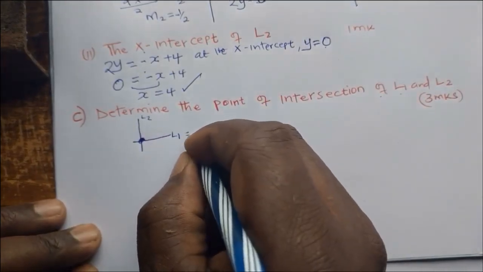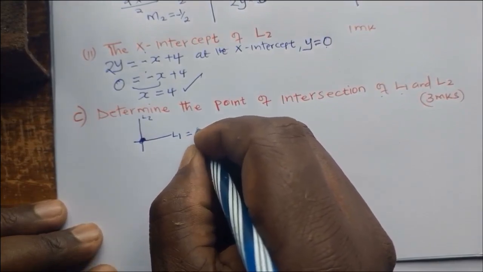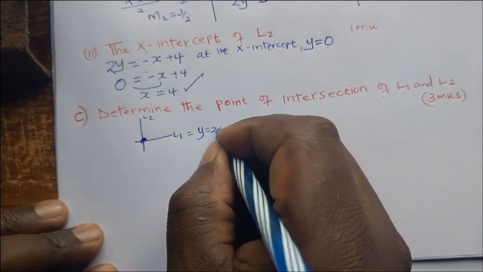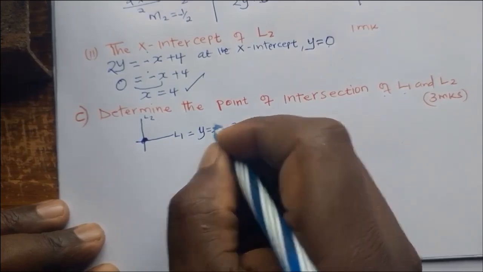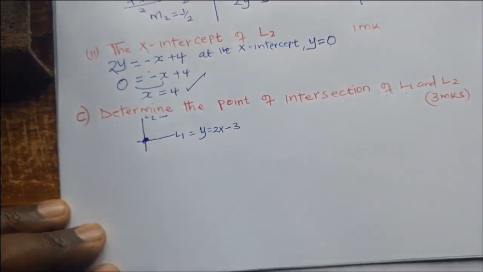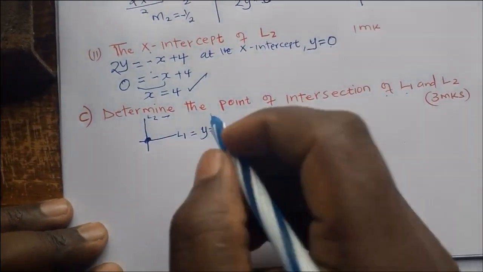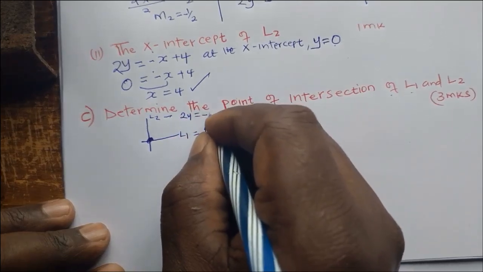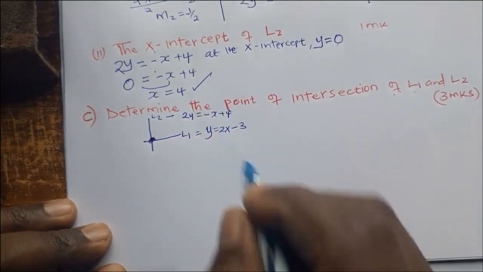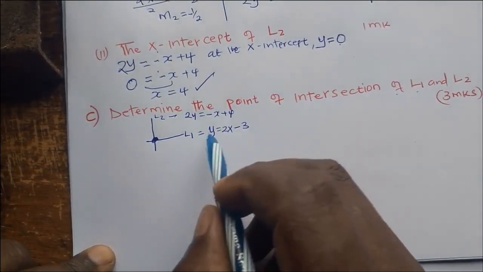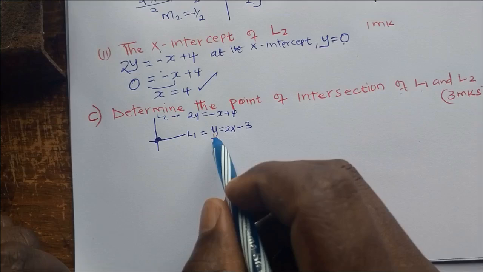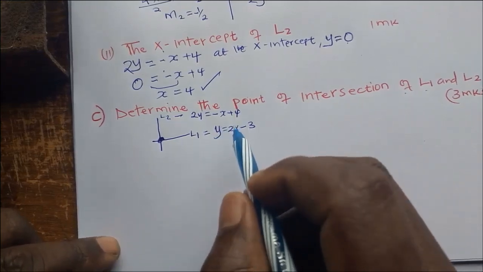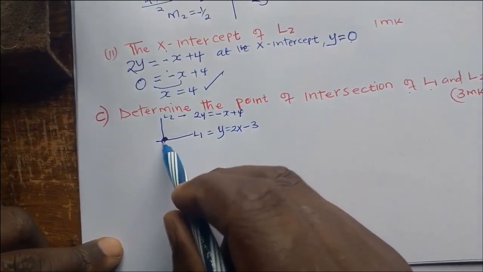L1, the equation is y is equal to 2x minus 3, and for L2, we know the equation is 2y is equal to minus x plus 4, right? So you can solve this one using simultaneous equations. You get the value of x and the value of y, and that is the point where they intersect.